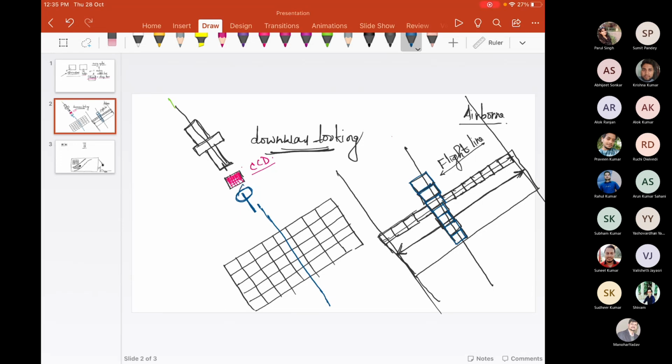Now, if you change the normal, if you rotate it, so initially, let's say it focuses on this GRC.